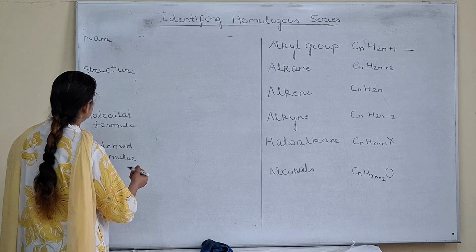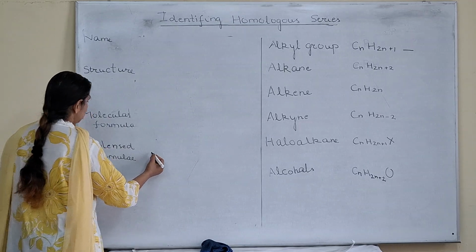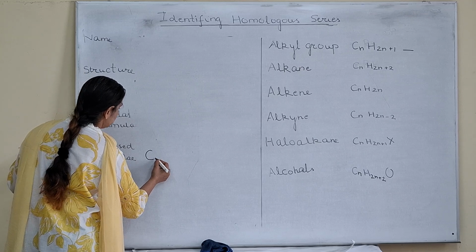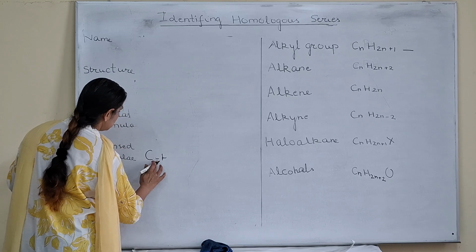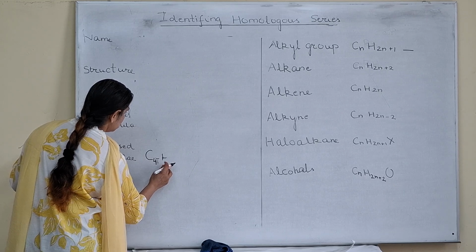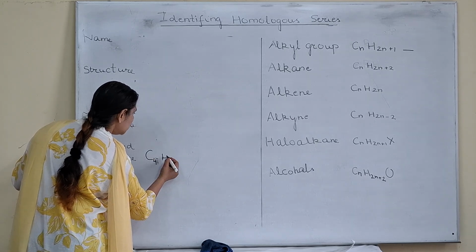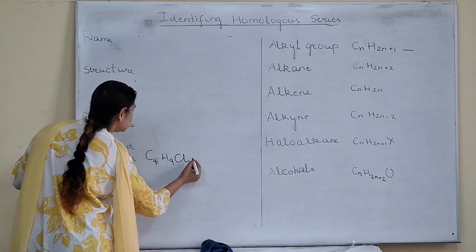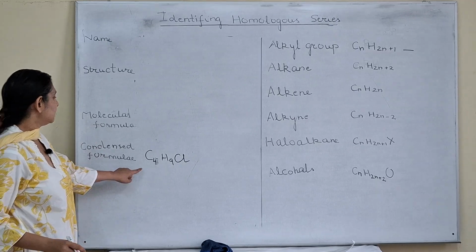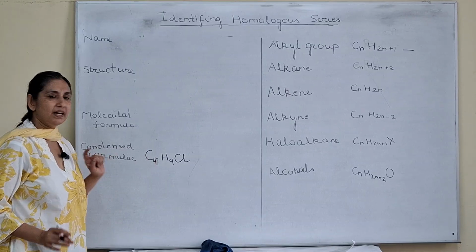Okay, so what should I do now? I should maybe write the most condensed formula is given. It's C4H9 and Cl.